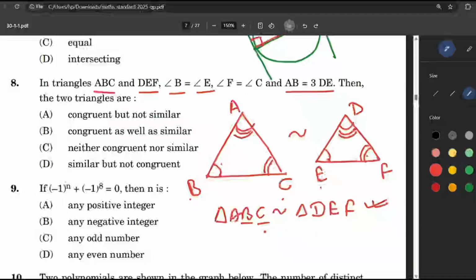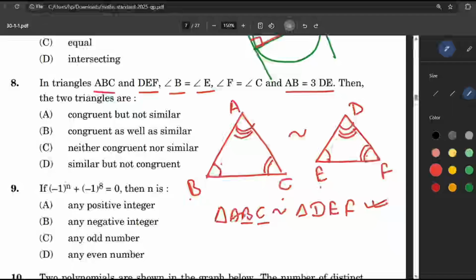Now what's the significance of this name? From here we can say that this AB side is corresponding to DE. AB is corresponding to DE, and if these two triangles are congruent, then their corresponding sides must be equal.